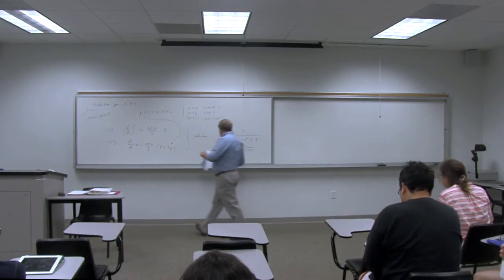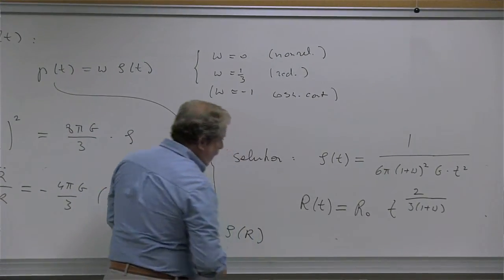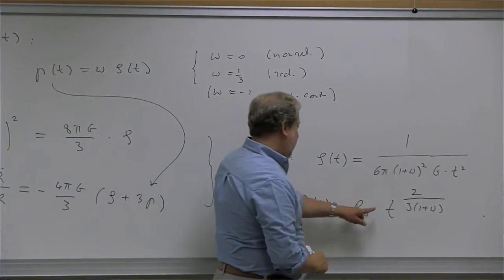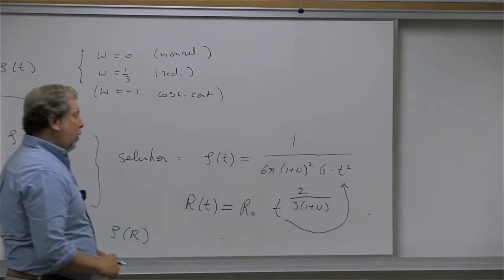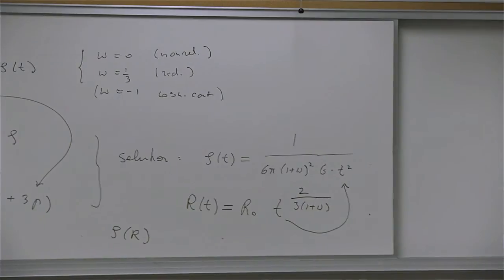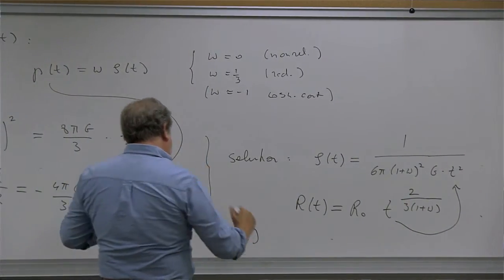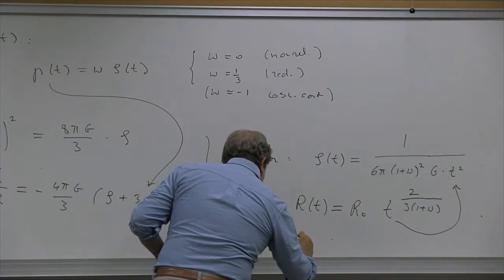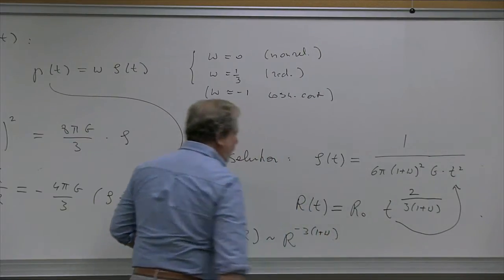And incidentally, I should add one more result, and that is that you can write rho as a function of the scale factor, because you can replace the time in there. You can solve for the time and plug it into the first equation. And so rho as a function of R goes like R to the minus 3 times (1 plus w).